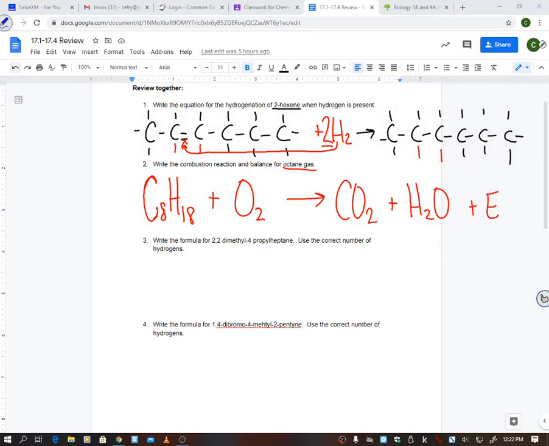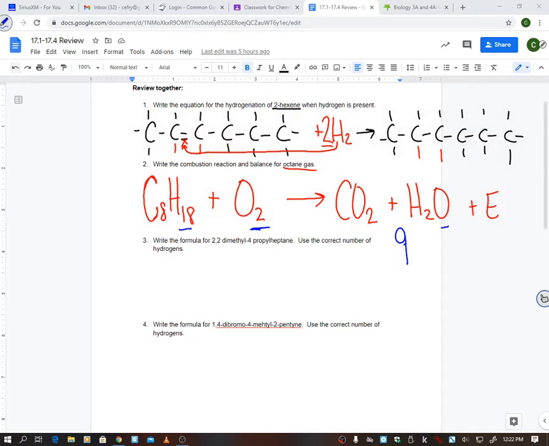So what I look at first is my number of hydrogens, and I see there are 18 here. So I could put a 9, I'm going to write it right here, 9 here to get 18 hydrogens. The problem is if I have an odd number right here, 9, that would give me 9 oxygens. I can never have an odd number of oxygens right there.